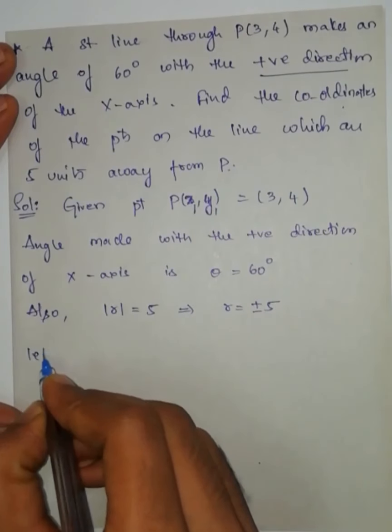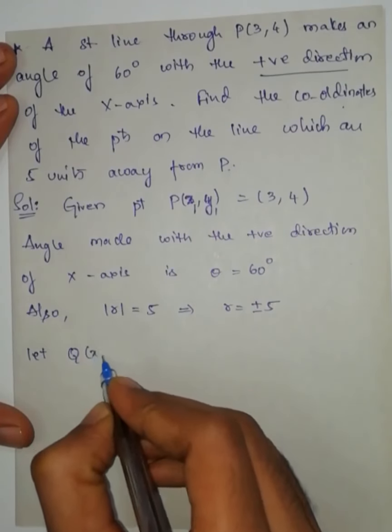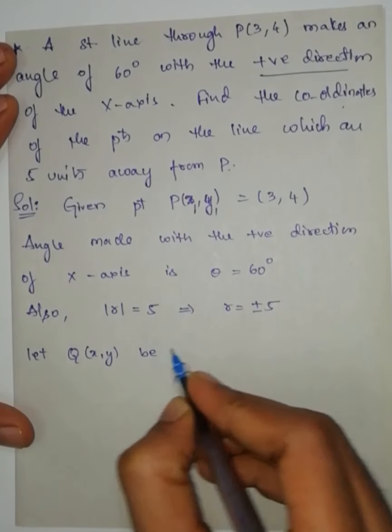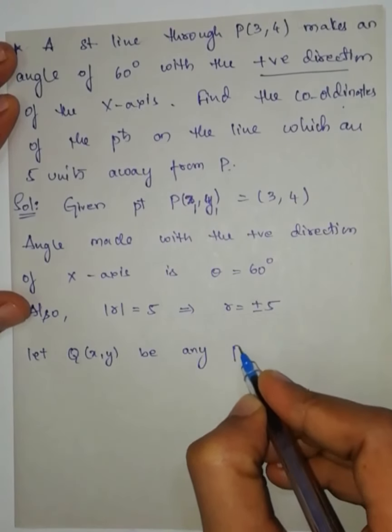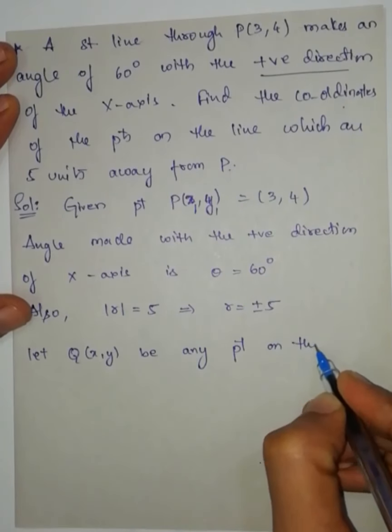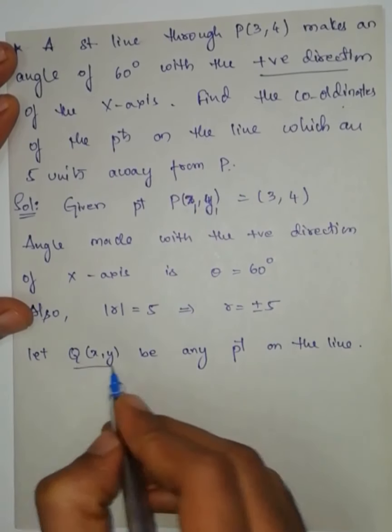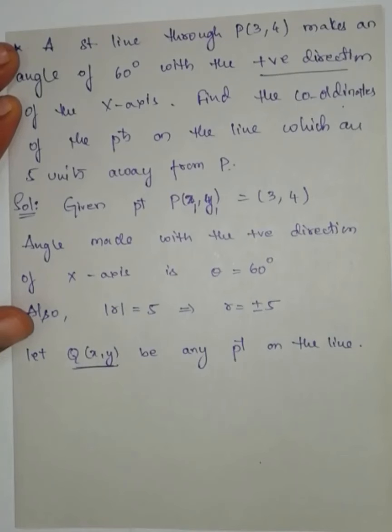Let Q of x comma y be any point on the line. This point we have to find.